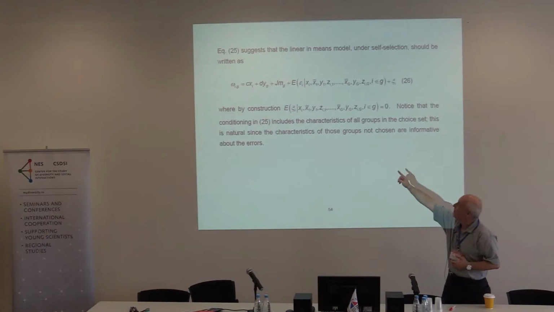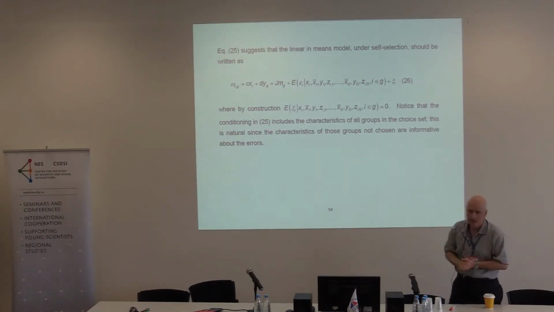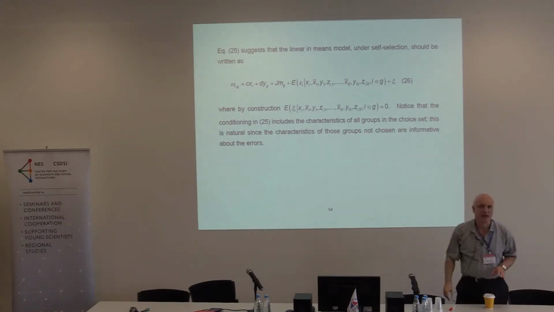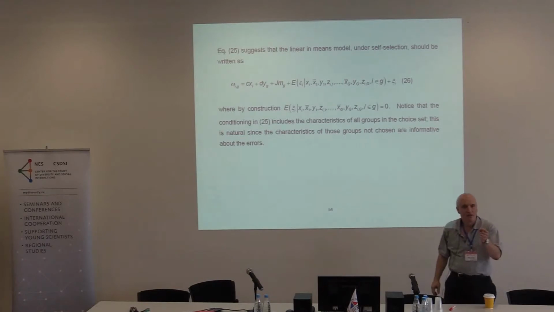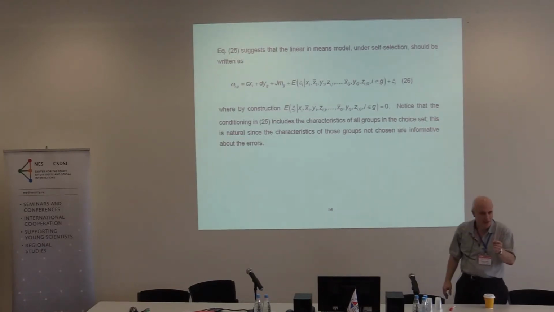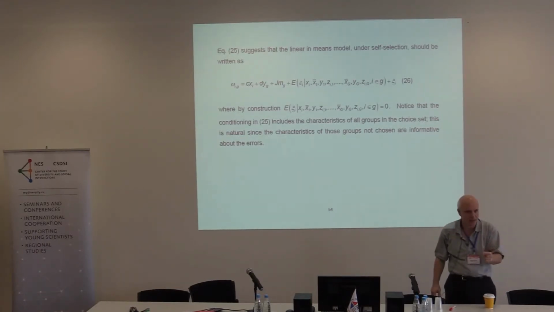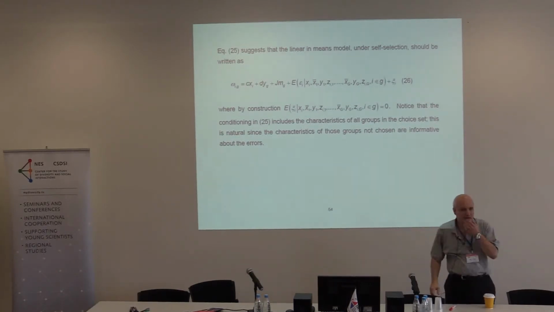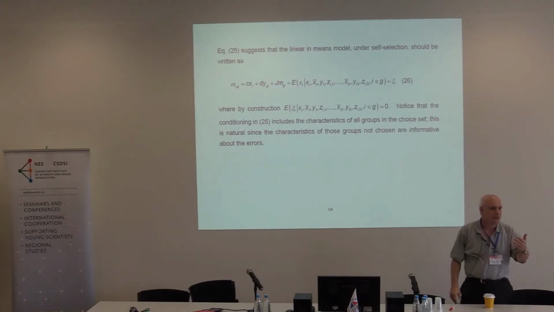So if I think about the regression, in other words my social interactions model, the problem of self-selection is that epsilon has a piece with a non-zero expected value. And from that vantage point, it at least gives a hint as to how I might want to deal with it.